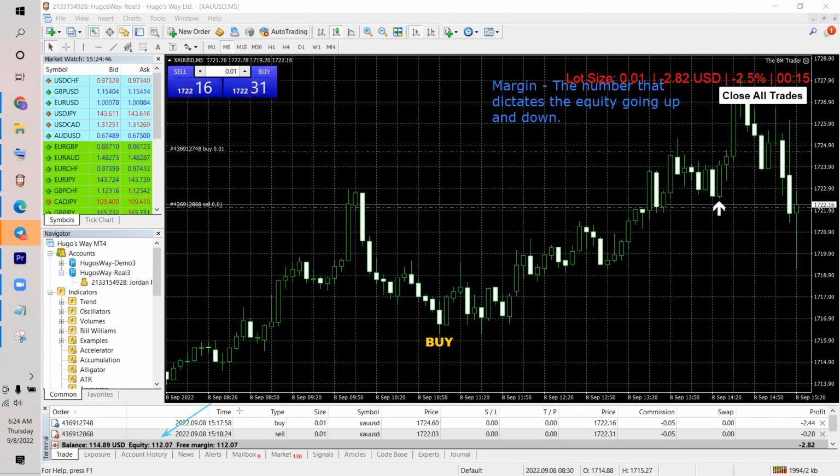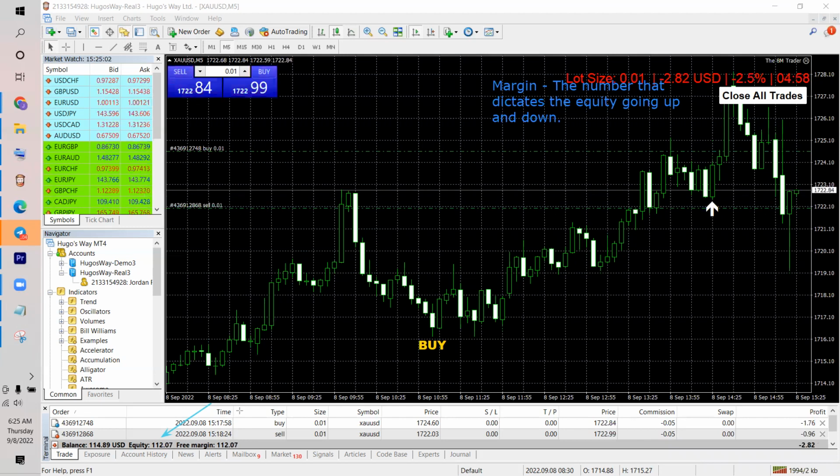For a buy, after the arrow disappeared, we went in for a sell, and that's it. And now what we do is we wait for the next opportunity, whether that's a buy or a sell arrow. And again, that is going to be dictated by how the market wants to go for us.